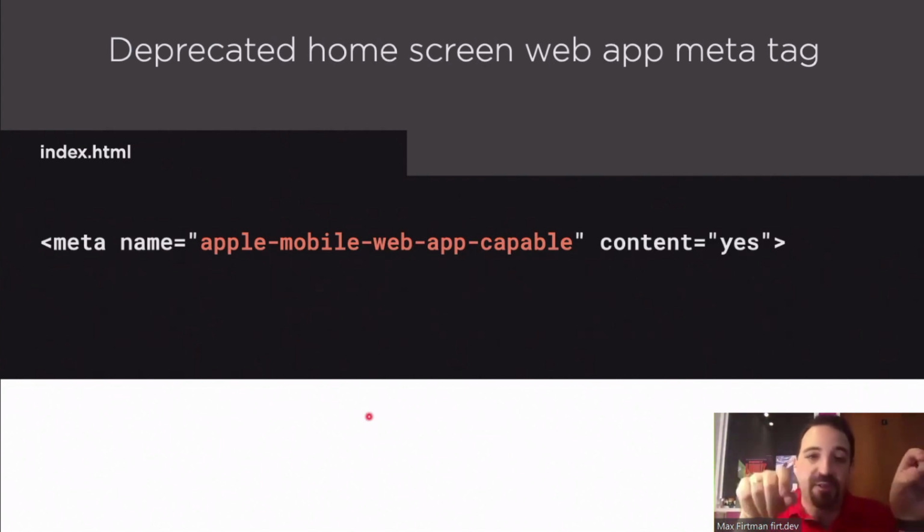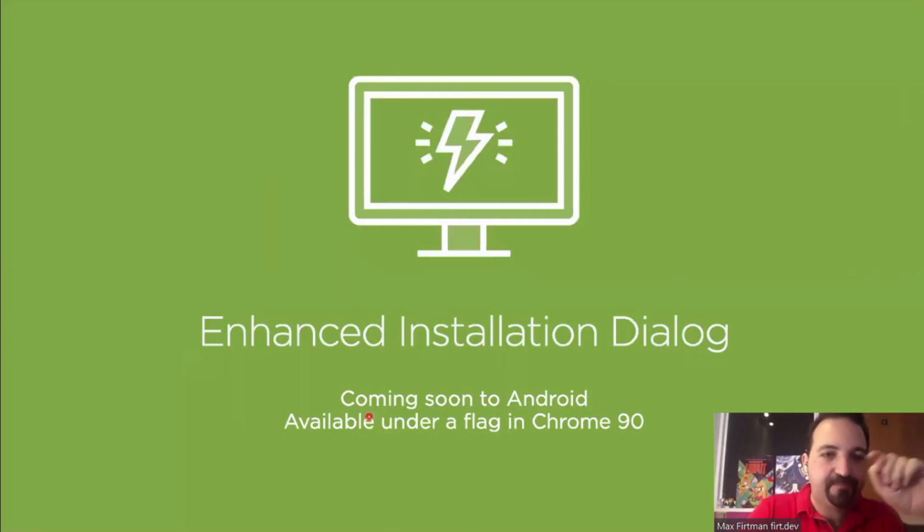And the experience of this meta tag is not the same as with a web app manifest. For example, your start URL will be the current website. So if you're on Twitter and you are watching one tweet in particular, and you install the PWA at that time, it will always start with that tweet, not with Twitter's homepage. Okay, so please don't use this meta tag. It doesn't make any sense. Okay, so don't do it.